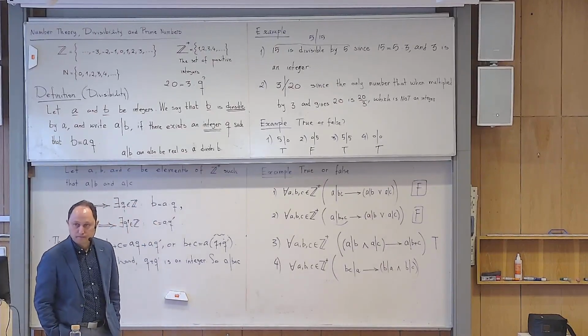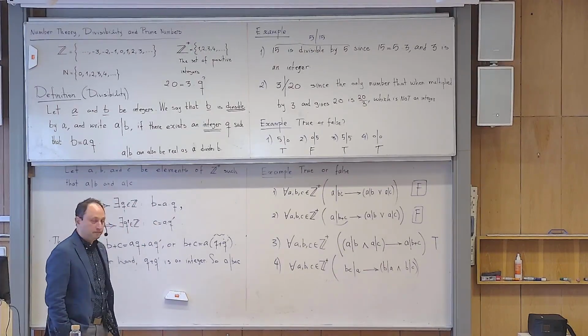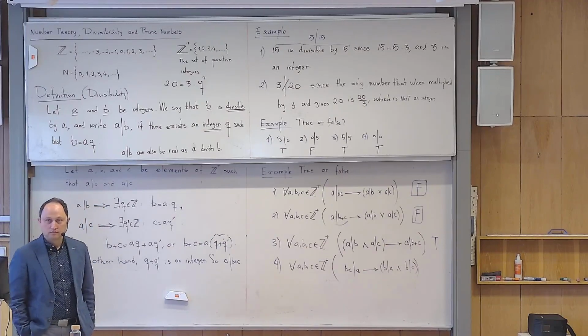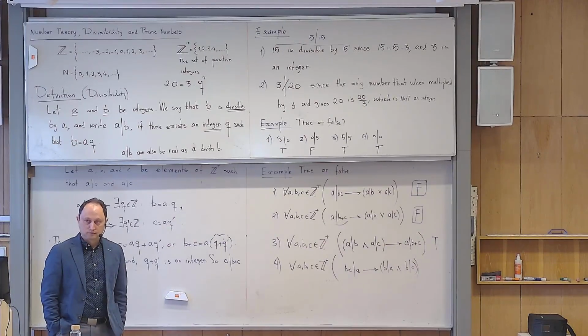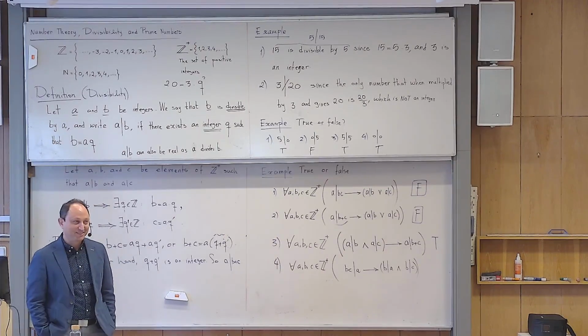If a number is divisible by the product of two other numbers, then the number is divisible by one of the factors. You start very good, but the last part is not correct.